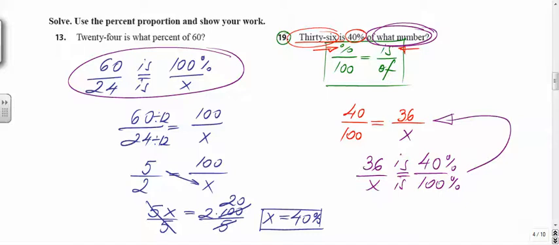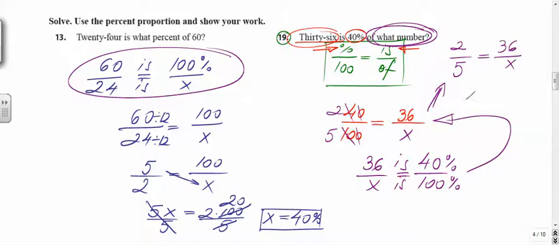You guys agree? So now, before you do anything in your proportion here, you can see that 40 and 100, you can divide both by 10, and then by 2, right? 2 goes in 4 2 times, 2 goes in 10 5 times. Alright? And now your equivalent proportion will be 2 over 5 equals 36 over x.